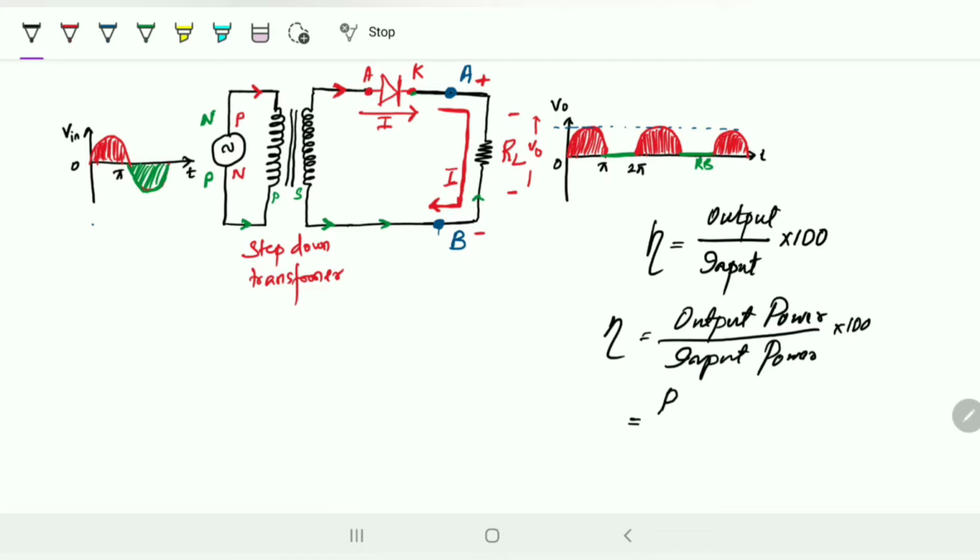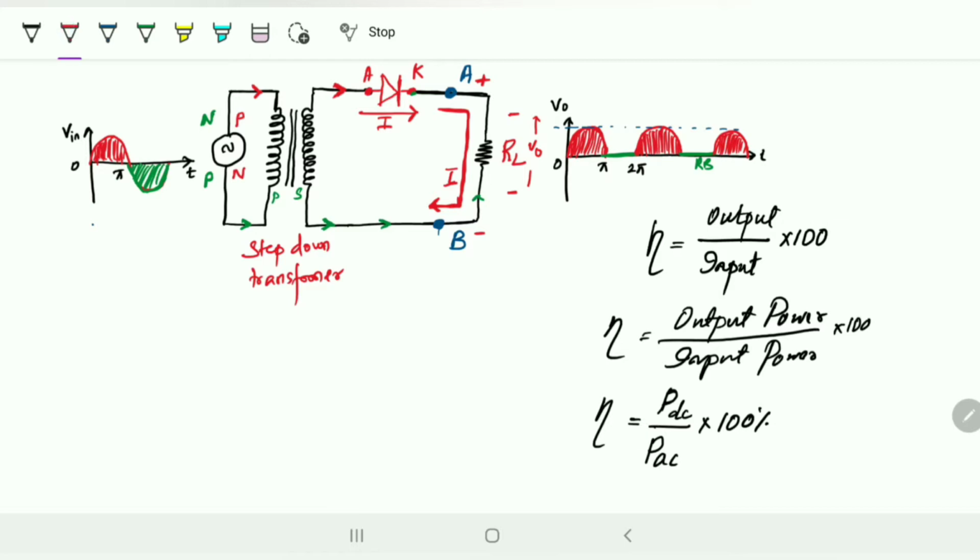So the output is DC, right? The power is denoted as P, and since the output is DC, I am making it PDC as the output power, and the input is AC, so input power is PAC. So I need to find PDC. From here onwards I will be using PDC for output power or DC power, and PAC for input power. This is the notation I will be using.